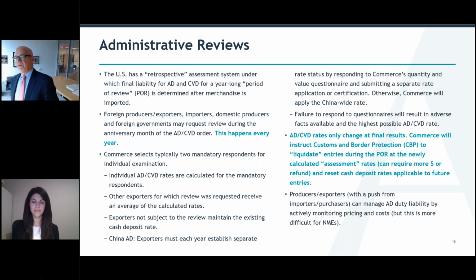We don't need to dwell on this. It's in the slides that you'll have, but once again you need to be prepared. This is an area where importers of record and their customers, if they're not being very careful with their contracts, need to be watching. Let's go to the next slide.